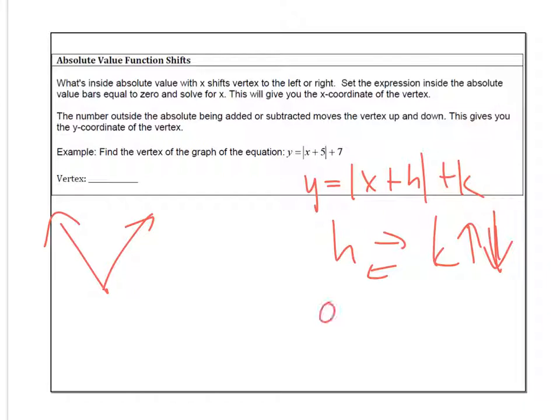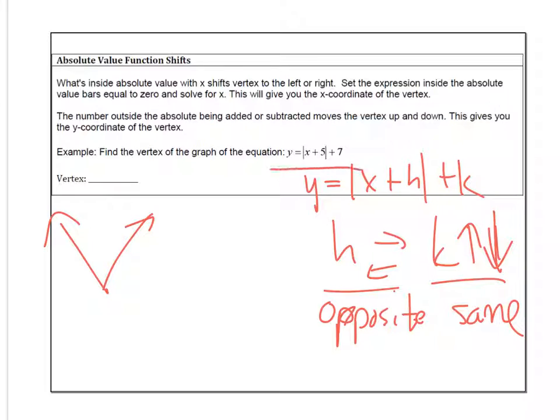And h is the opposite of what's there, and k is going to be the same. So when I look at y equals the absolute value of x plus 5, plus 7, this is actually going to move it 5 left, so you go negative 5, and then up 7. So my vertex is actually going to be negative 5, 7.